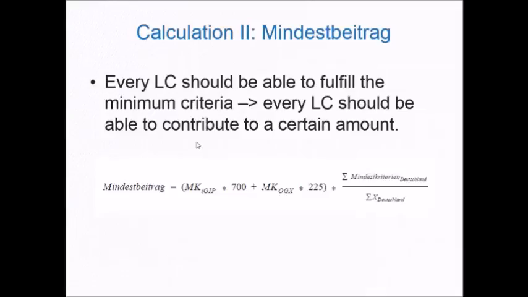And then there is one variable that shows how much the exchange numbers by the minimum criteria are part of the overall exchange numbers of Isaac in Germany.